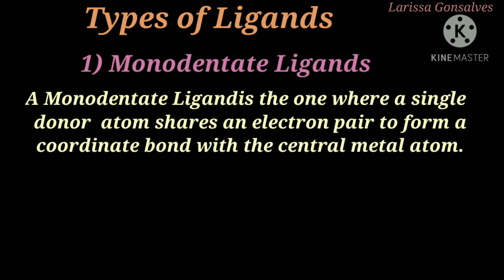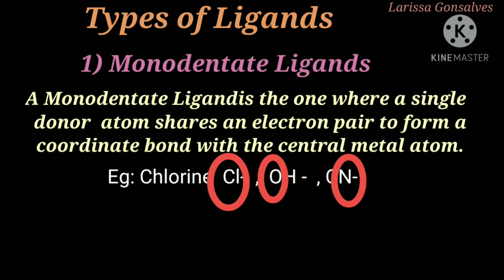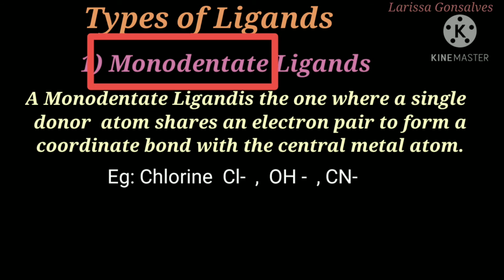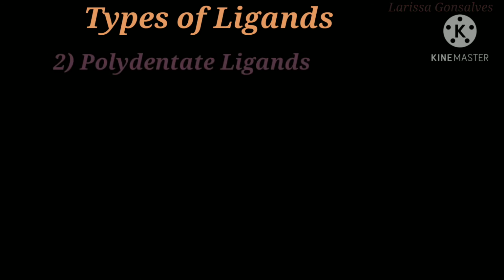For example, ligands like Cl, chlorine, OH, that is hydroxide group, CN, that is cyanide group, etc. In these cases, there is only one donor electron pair present, and hence it is considered a monodentate ligand. From the name itself, mono means one, and hence monodentate ligands are those wherein there is only one donor atom present.